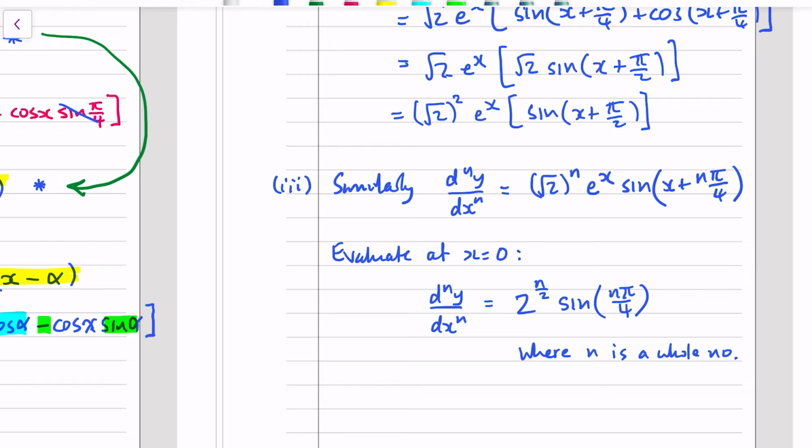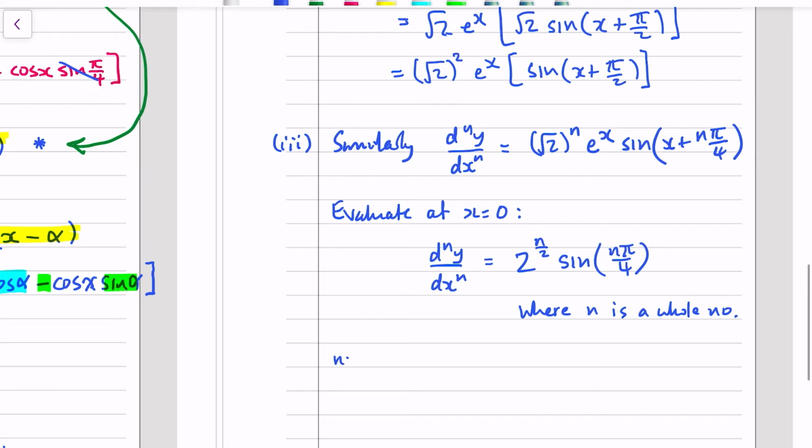So you can evaluate that further by knowing that, for example, if n equals 1, sine of pi over 4 is equal to 1 over root 2. N equals 2, we've got sine of pi over 2, which is 1.